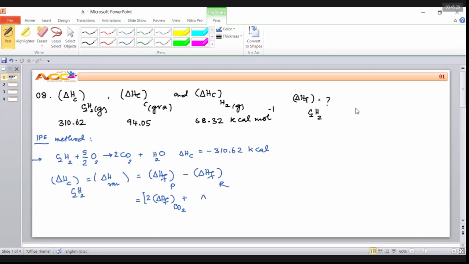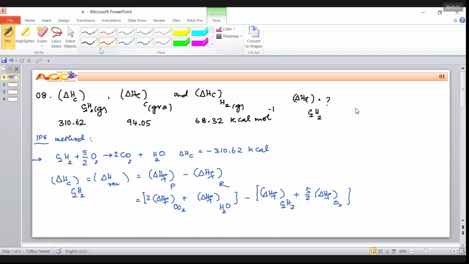Plus enthalpy of formation of water. How many times? 1 time. Minus enthalpy of formation of acetylene. Yes, 1 time. Plus 5/2 times enthalpy of formation of oxygen.